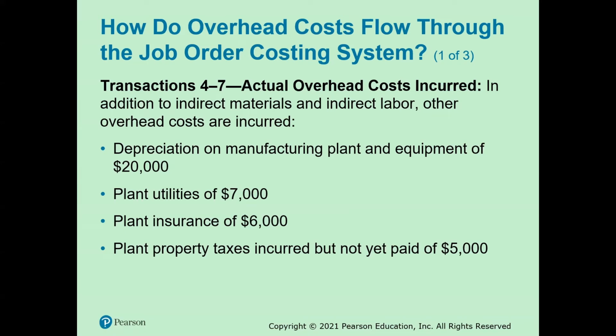So you see here in transactions 4 through 7, you have depreciation on manufacturing plant and equipment of $20,000, plant utilities $7,000, insurance is $6,000, and plant property taxes incurred but not yet paid of $5,000.